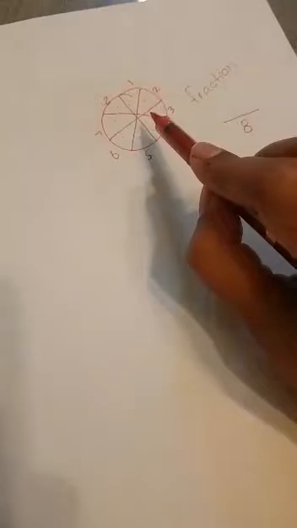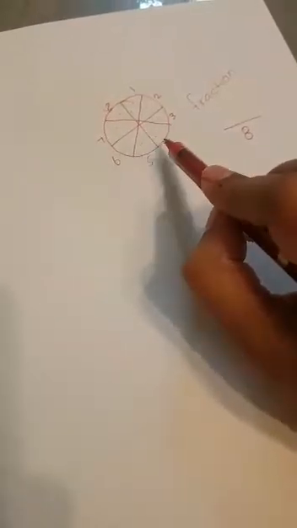Okay, now how to calculate what this fraction is? What is the fraction of this whole part? For this we will count it 1, 2, 3, 4, 5, 6, 7, 8. We have 8 pieces of this circle, or you can say it looks like a pizza. This is one pizza, but it has 8 pieces.